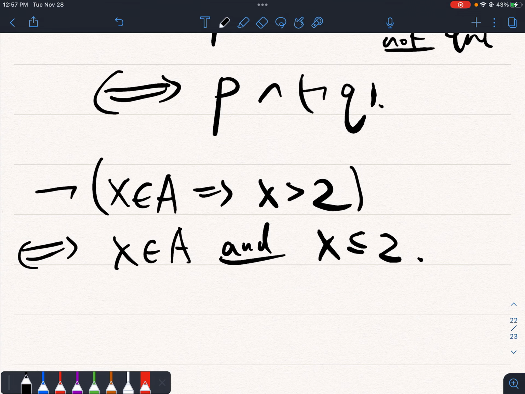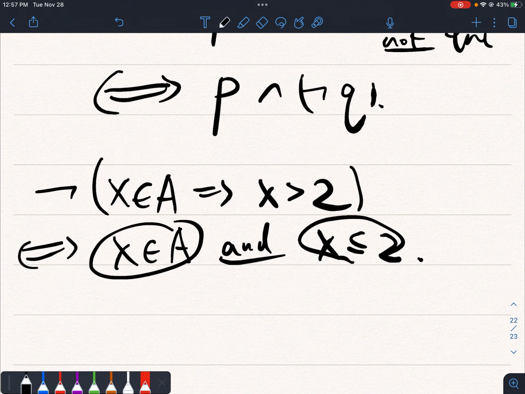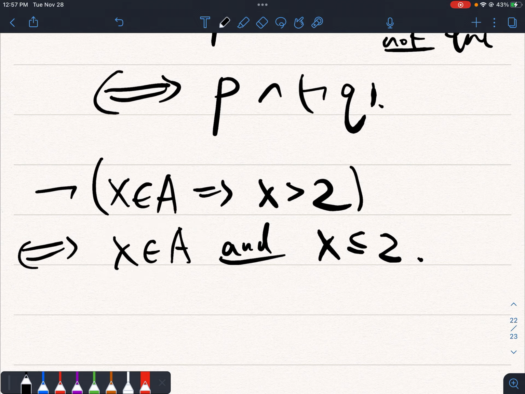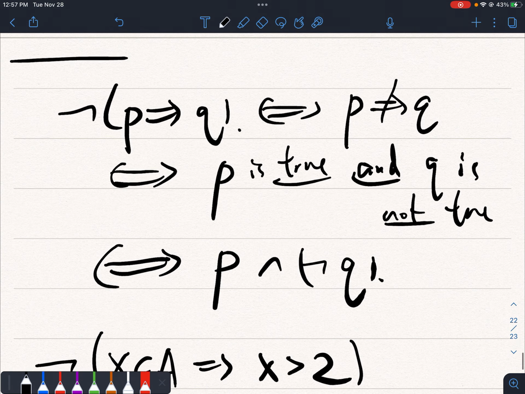This is very important. This is extremely important. I mean, students make a lot of mistakes here. If you want to negate something, p implies q, it means p is true and q is false. It is quite asymmetric, right? It's not symmetric because here it's the same, but here it's not.